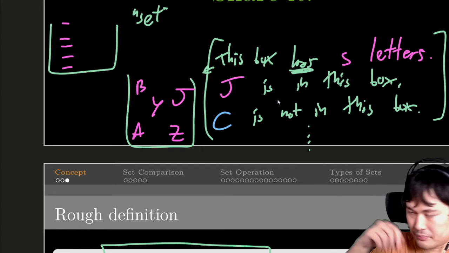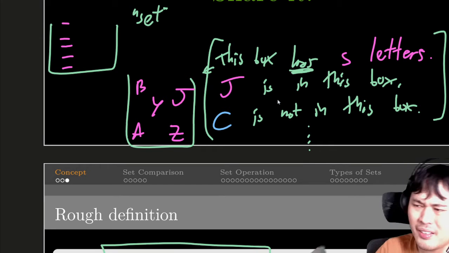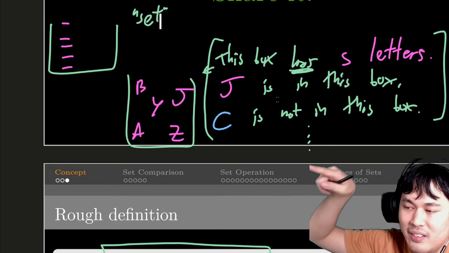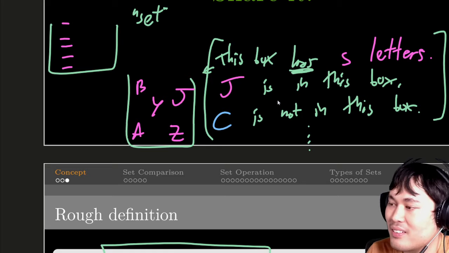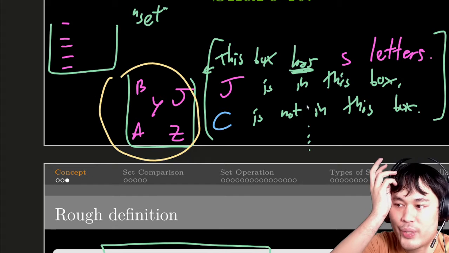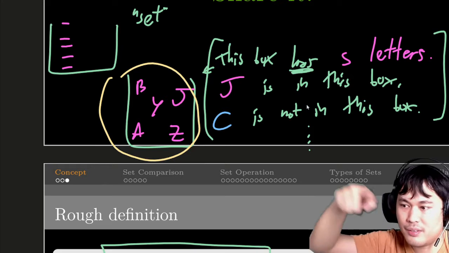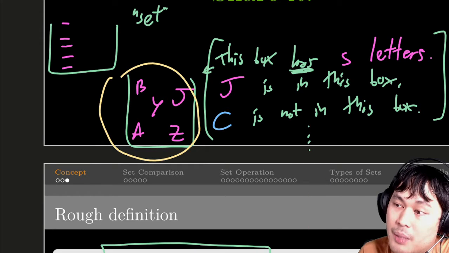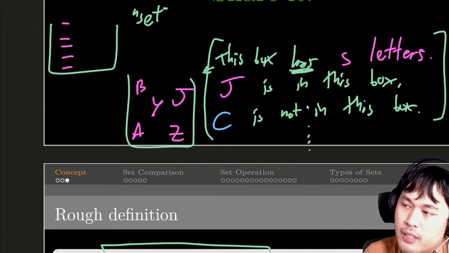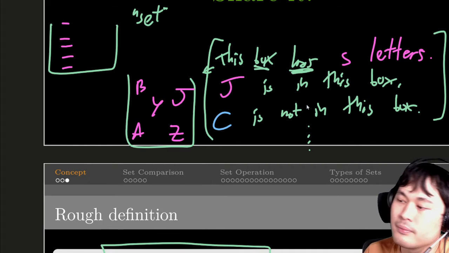So that's what the box is for, but the box itself isn't there. You can think of it as an imaginary box. Later you will see that whenever you think about this, you usually draw a circle or a square around them to indicate that all these objects inside belong to the same group, the same set. So that's what this box is doing here.